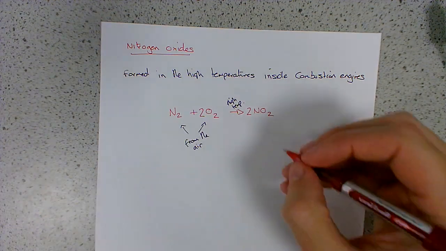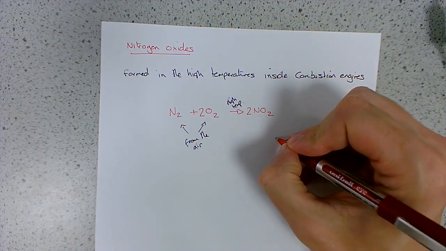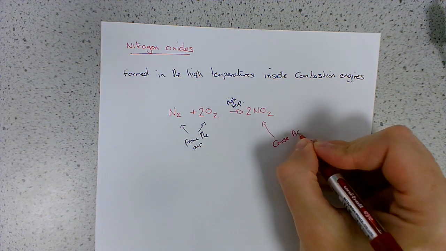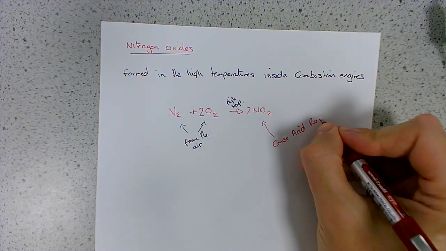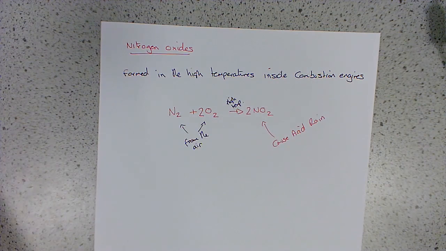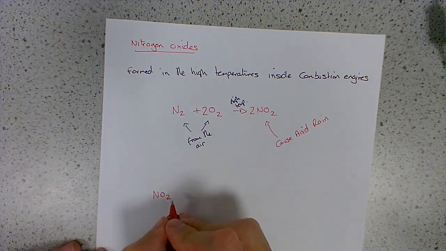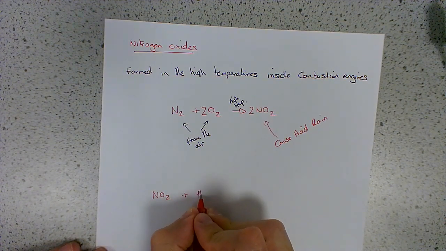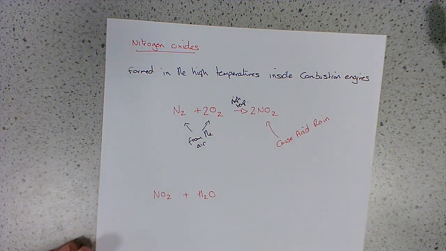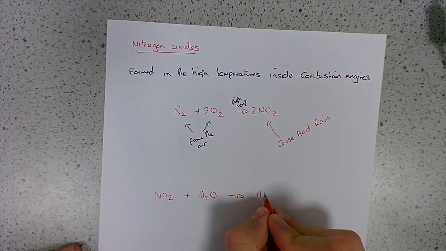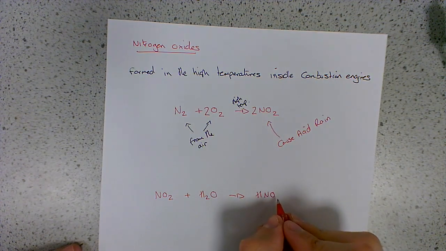And the reason why the NO2 is a problem, the nitrogen oxides are a problem, is that they cause acid rain. So when those nitrogen oxides are emitted into the atmosphere, they react with the water vapor that is already in the atmosphere, producing nitric acid.